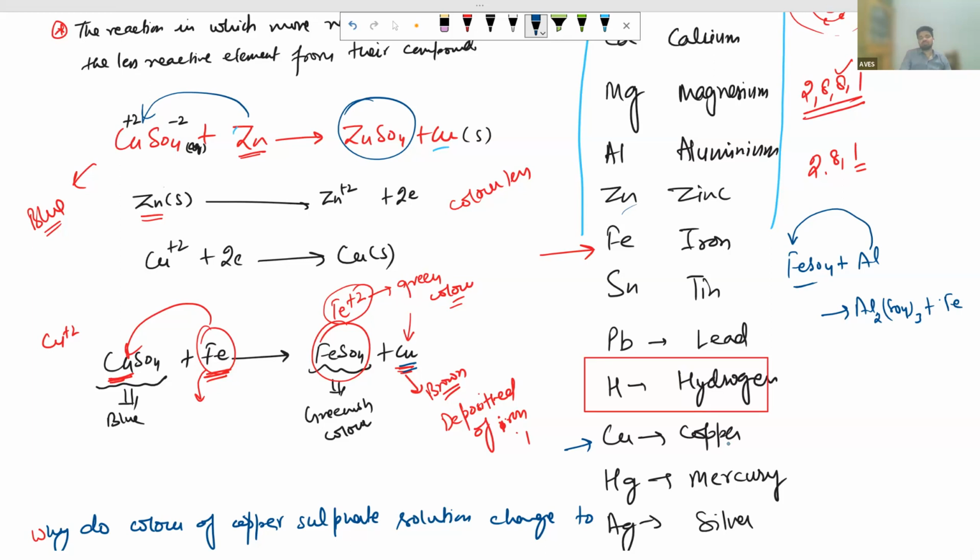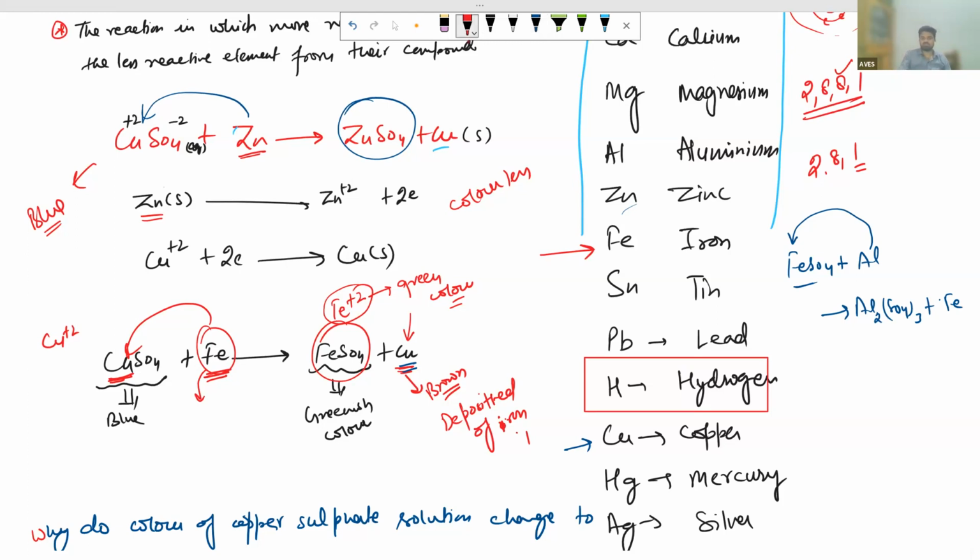So we will simply say here that iron sulfate is formed, which is green in color, and the brown color substance deposited over the iron nail is copper.